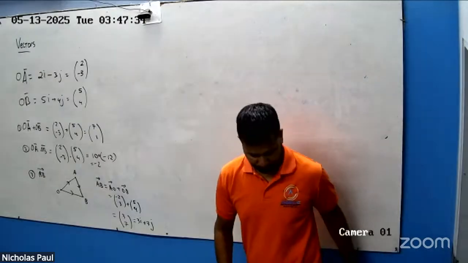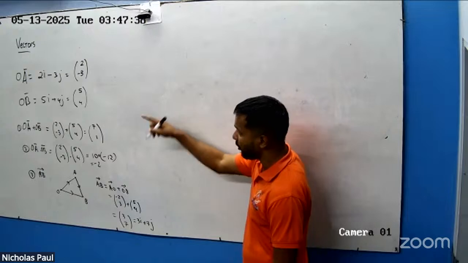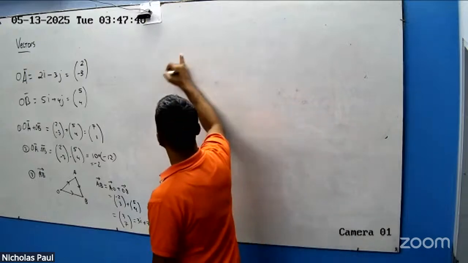Ready? Let's take a look at the angle between two vectors. Remember, all is on the summary in the group.